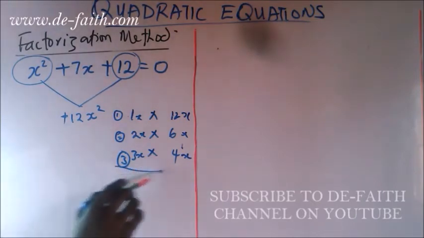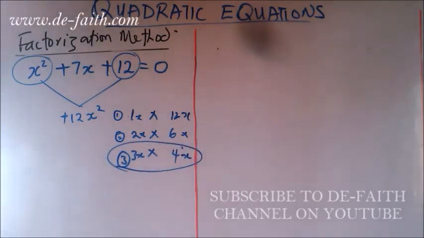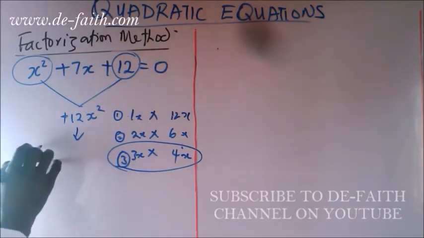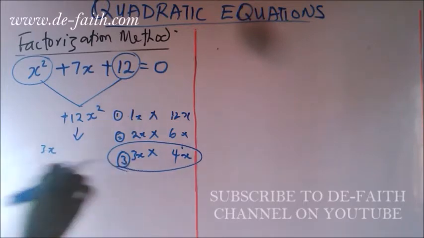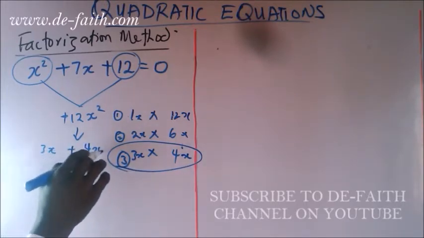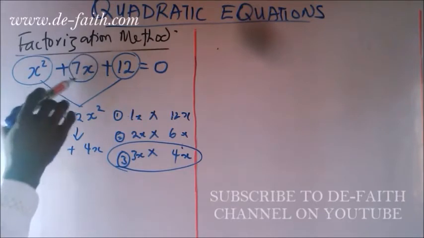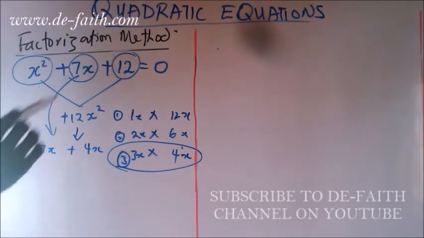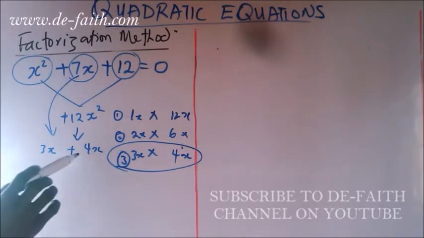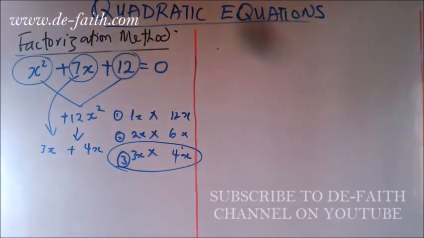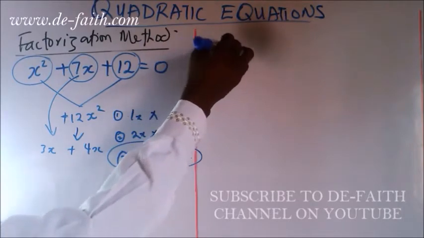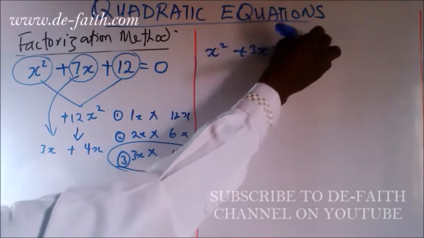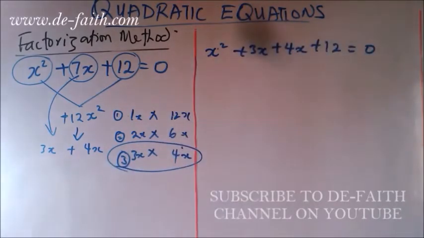And so this is the factor of choice, meaning that 12x squared is the same thing as 3x times 4x, and we are going to represent this particular 7x with this. That is, we are going to replace 7x with 3x plus 4x. So we'll have it as x squared plus 3x plus 4x plus 12 equal to 0.